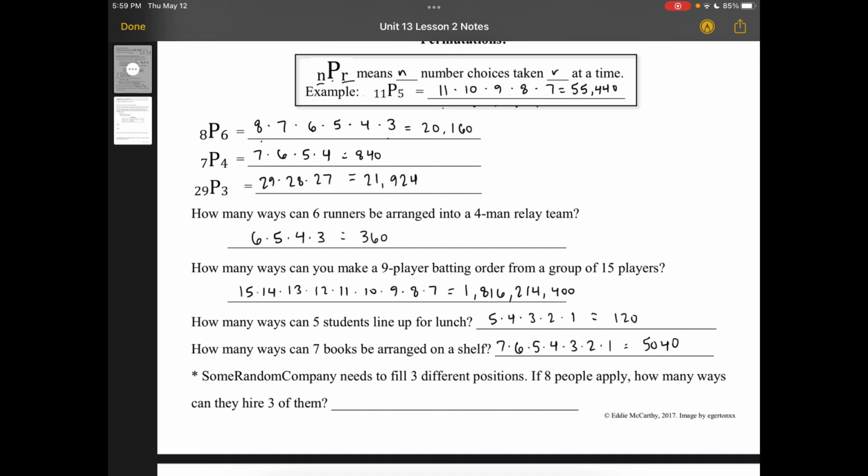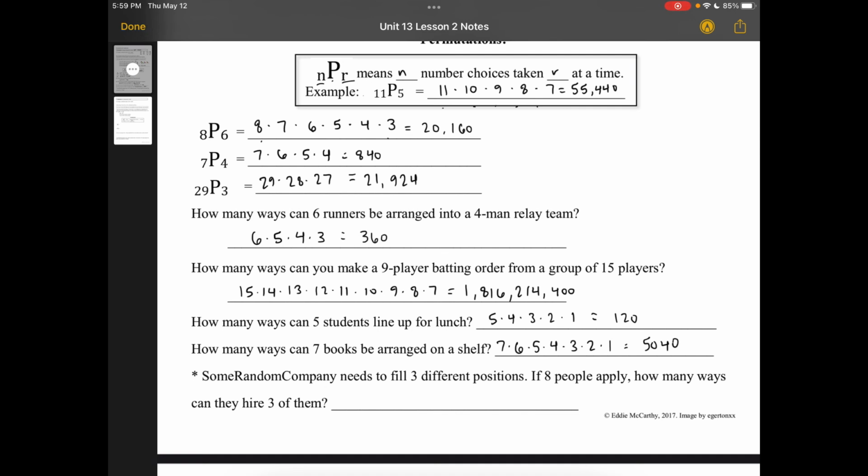This last question, we have a company that needs to fill 3 spots. 8 people apply. How many ways can they hire 3 of them? That means it's 8 people applying, choosing 3 of them, and the order matters. So we can hire the first person, the second person, the third person, because they're all different positions.